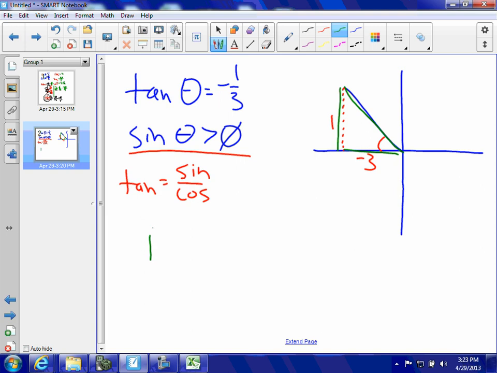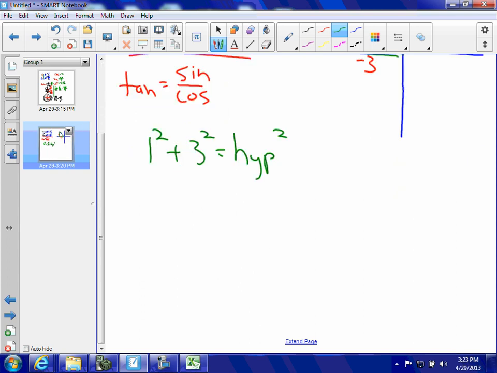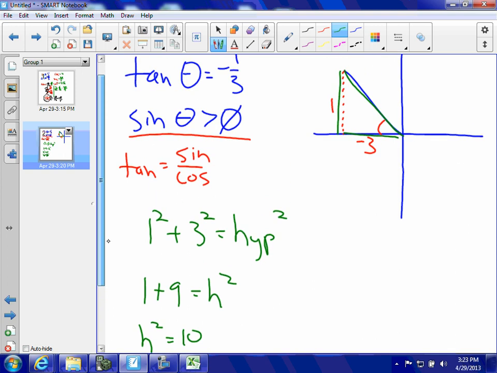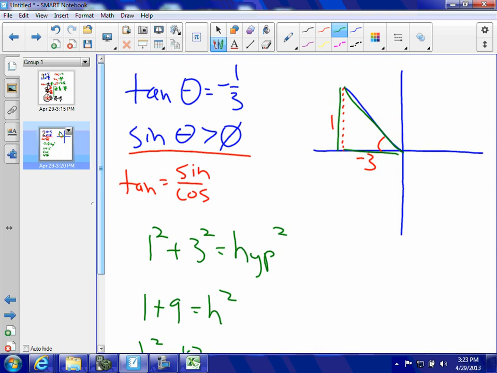I have 1 squared plus 3 squared equals hypotenuse squared. 1 plus 9 equals h squared. H squared equals 10. So h is equal to the square root of 10, which cannot be simplified. So my hypotenuse is the square root of 10.